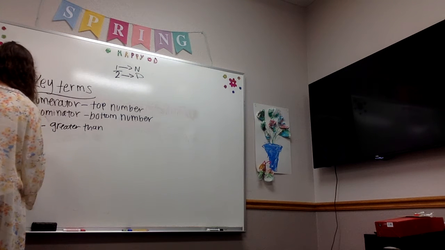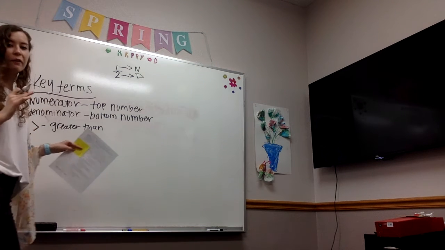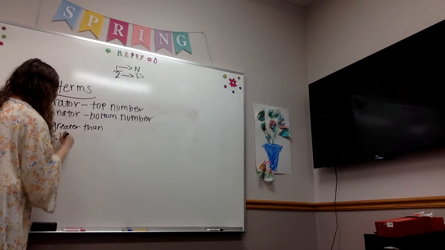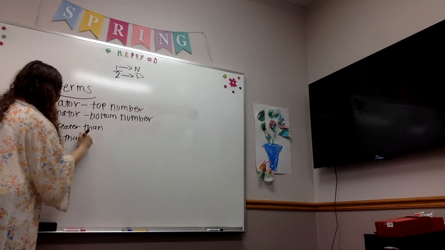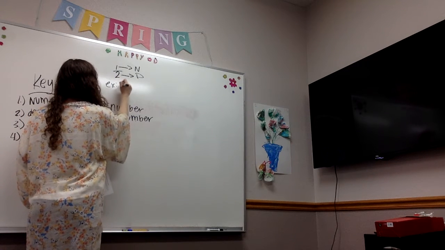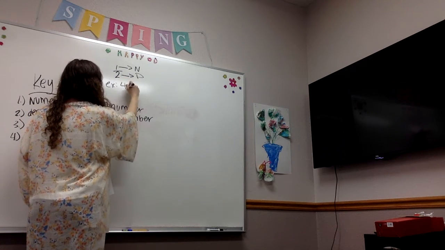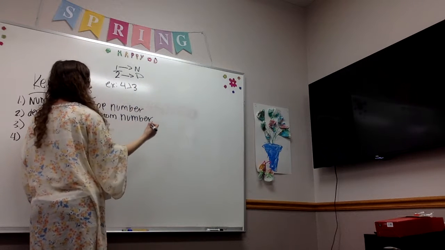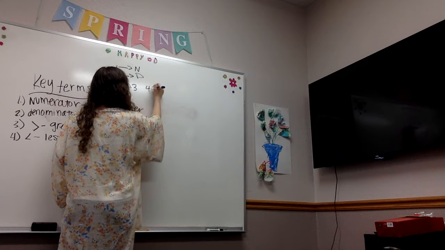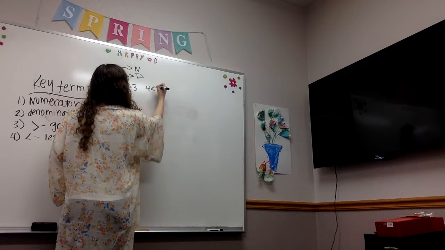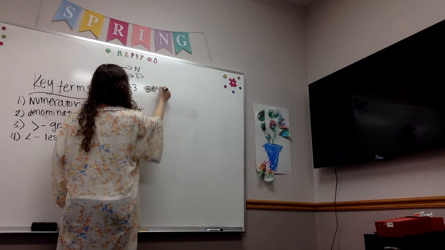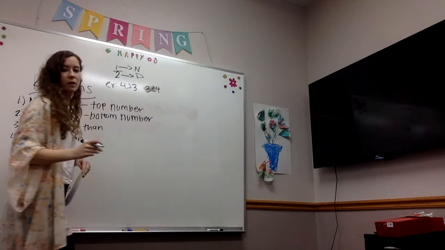If it's the other way, and it's away from the number, it's going to be less than. So for example, I could write 4 is greater than 3, but I could also write 3 is less than 4. Okay?